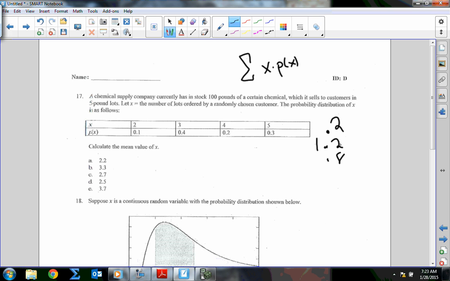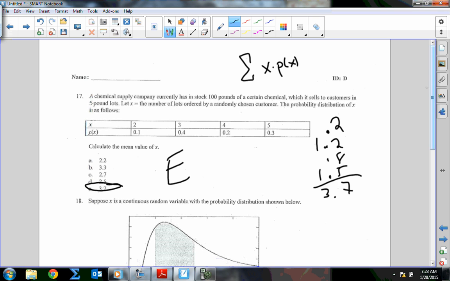And 5 times 0.3 is 1.5. And then I just got to add them up. So that's 0.4, then it's 12, and so 7, carry my 1, 2, 3. 3.7 is a choice. Hey, it is. That's always a good thing. So this one should have been E.